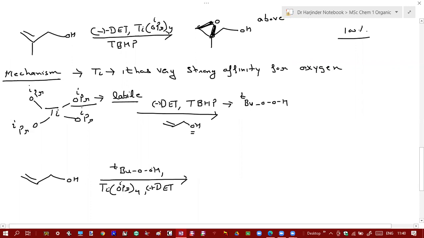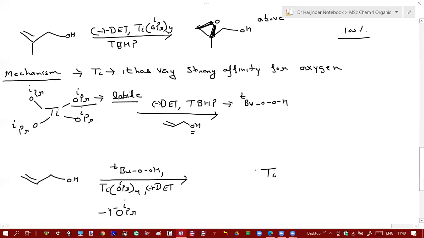All of these will combine with this titanium metal and there will be a loss of 4 isopropoxide ligands. All of these break and they will be lost. So titanium metal now combines with all these things.